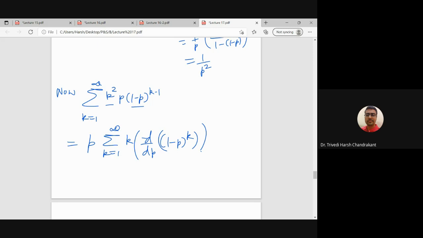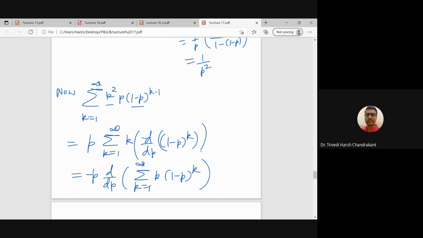Because k is a number, so the derivative will come outside k and outside the summation. So therefore we get p times minus the derivative of the summation of (1 minus p) to the power k. Right? Up to this step it is okay.